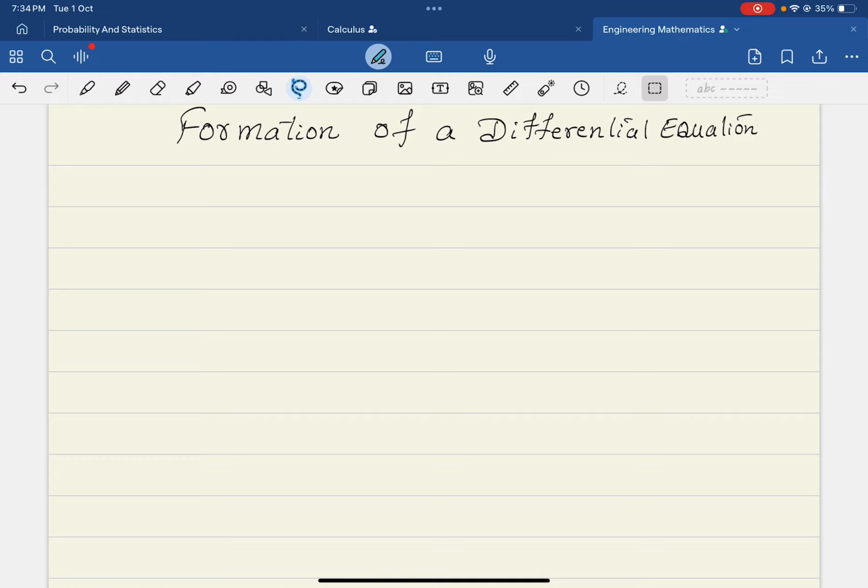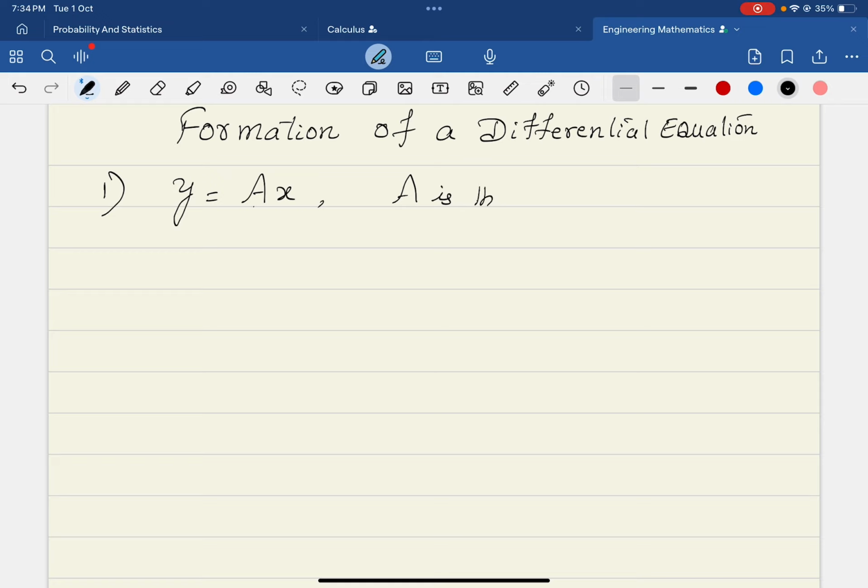For example, I have an equation of the type y is equal to ax, suppose. Here y is the dependent variable, x is the independent variable, and a is called the arbitrary constant.